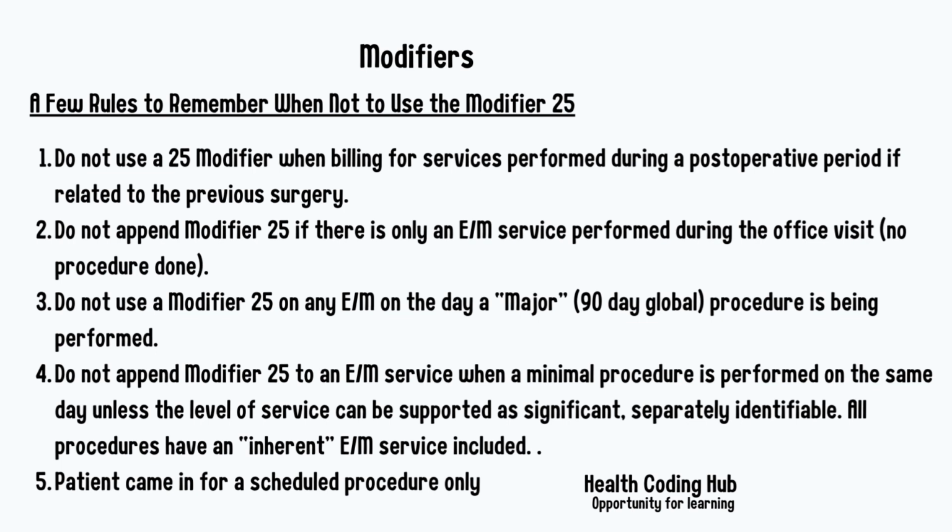A 90-day global period is considered a major surgery. In that case we need to assign modifier 57, which we will discuss in our next video. For major surgeries, we should not use modifier 25.